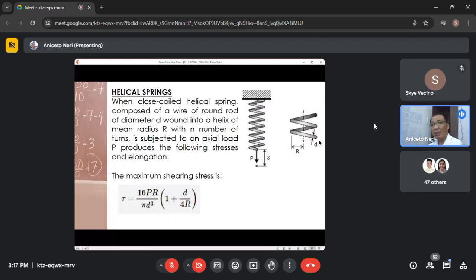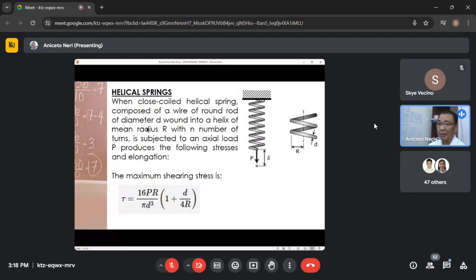So pag small letter, kay circular man ang forma sa spring, ang imong material pod circular ang cross section. So small letter ang gamit sa wire or sa rod, pag capital letter sa spring na.